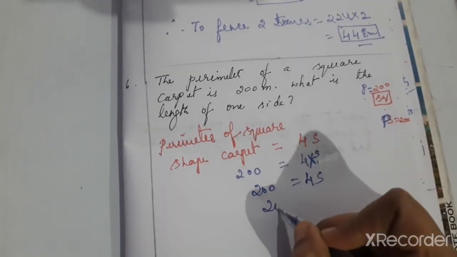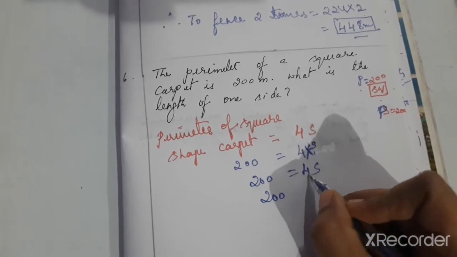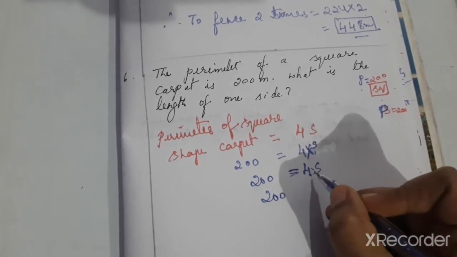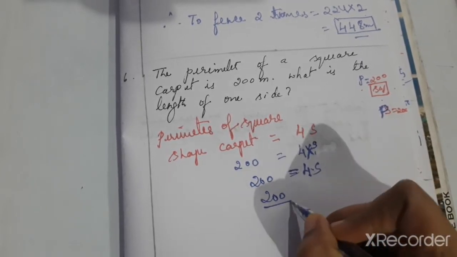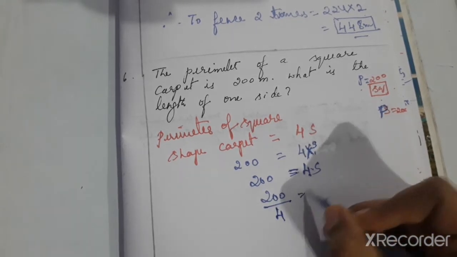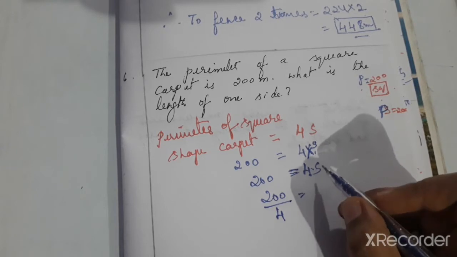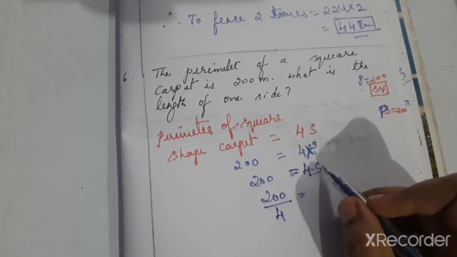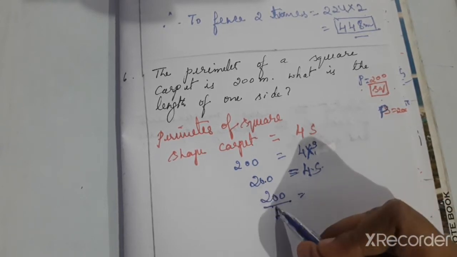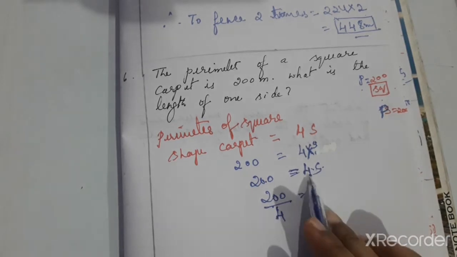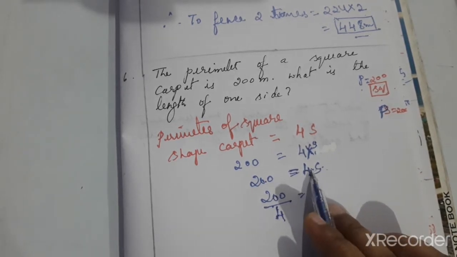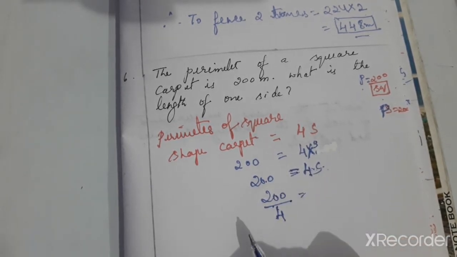Now 200 by 4. The into symbol in between becomes division when we transfer it from one side to the other.